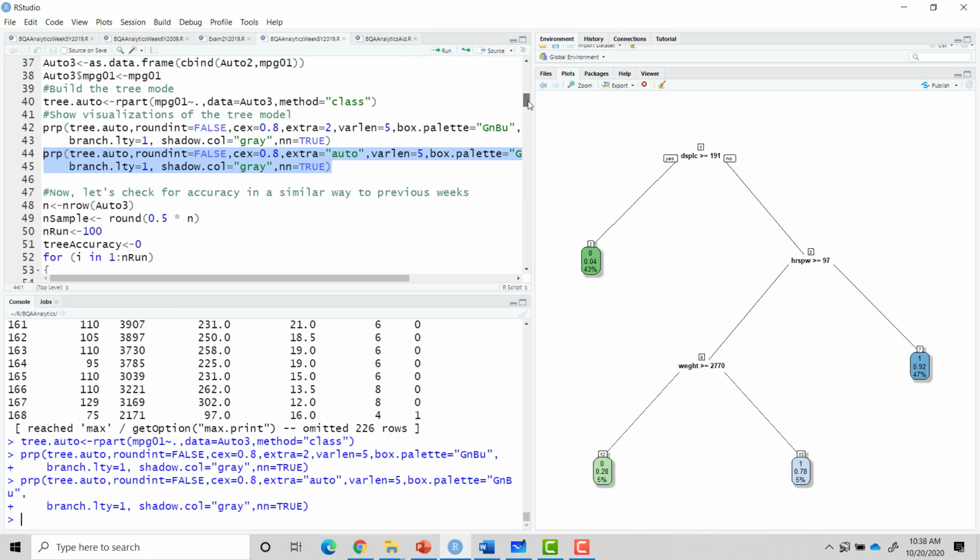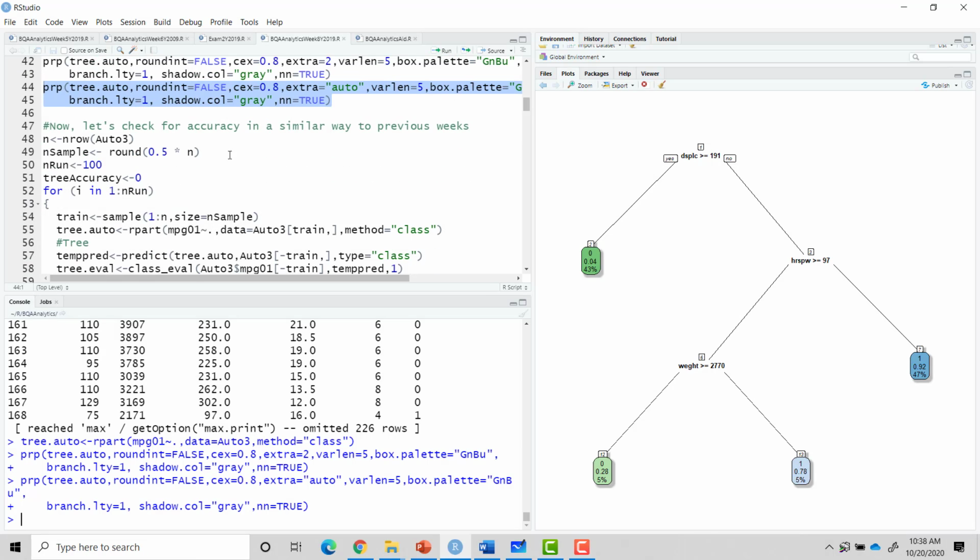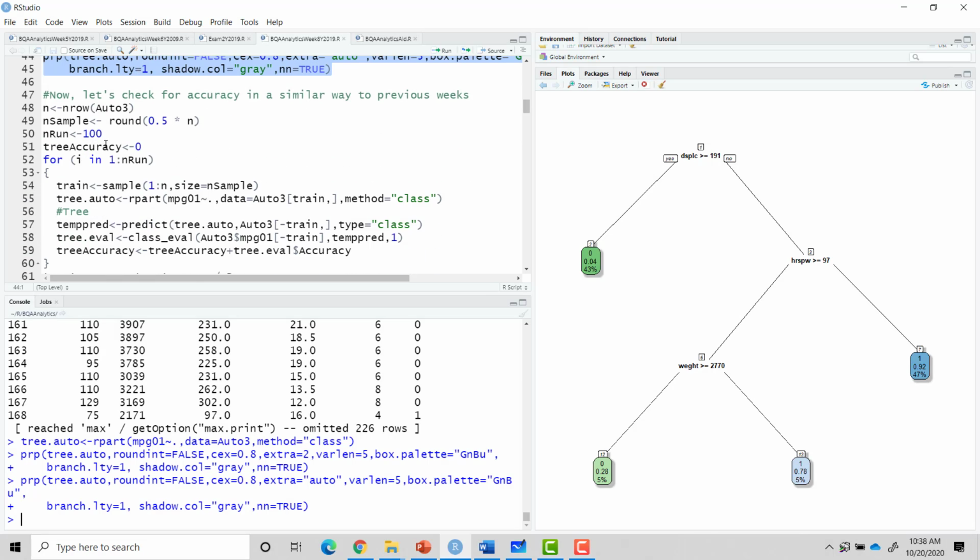So we can actually do the accuracy in a similar way as we did in previous weeks. This is exactly the same code I ran as before. So we take the sample, and we're basically going to take a training set, as before, of 50% of the sample.